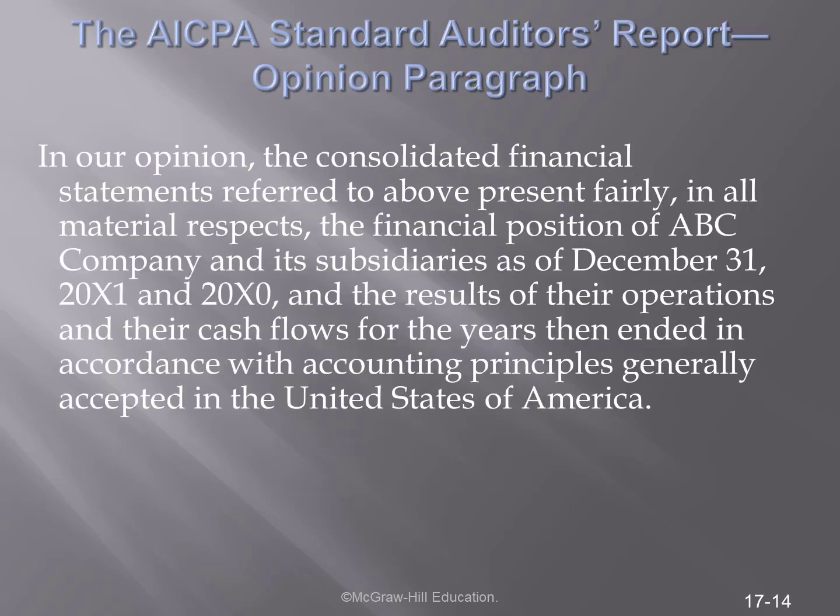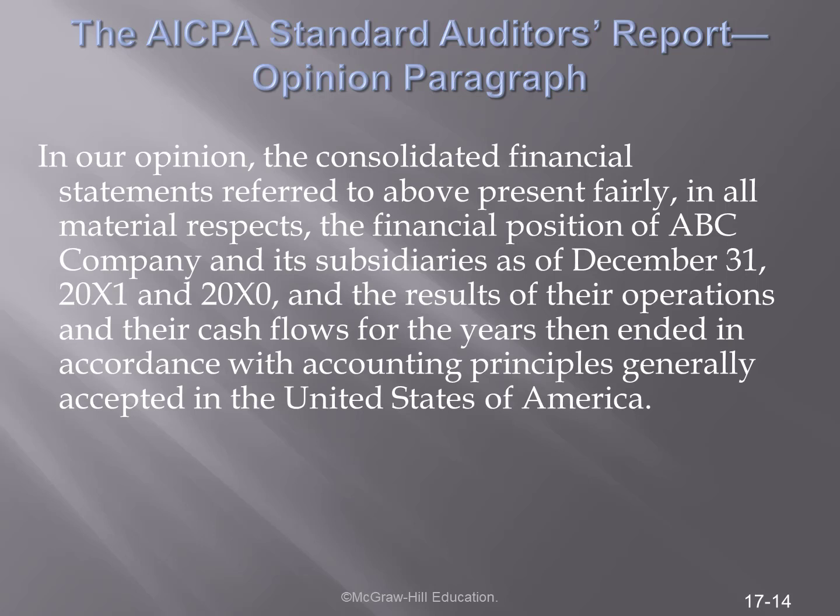The actual opinion reads very similar in the two separate audit reports. In the AICPA report, we state, in our opinion, the consolidated financial statements referred to above present fairly in all material respects the financial position of ABC Company and its subsidiaries and the result of operations and cash flow for the periods then ended in accordance with accounting principles generally accepted in the United States.